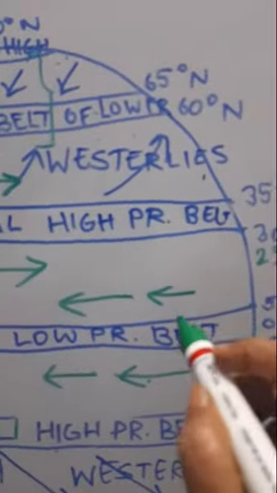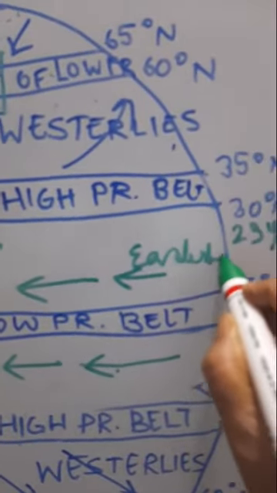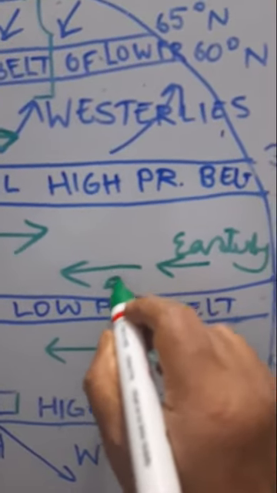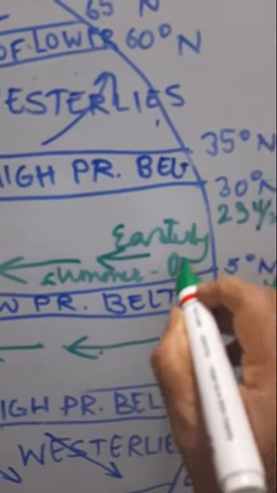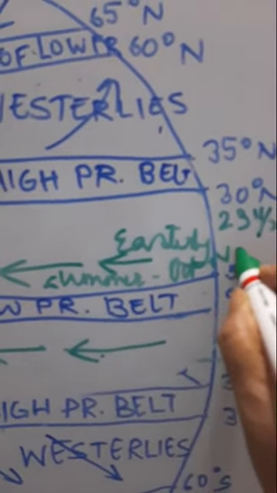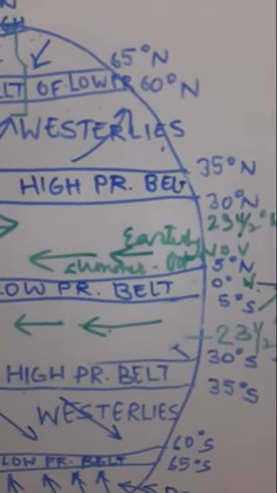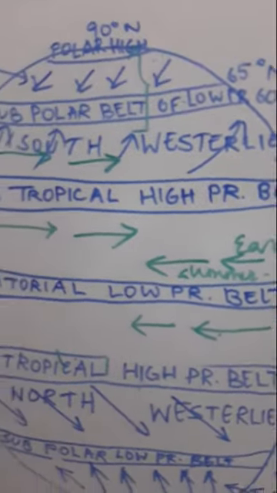So this is the easterly jet stream, which moves from the east, and it influences us from the summer season till October, November.